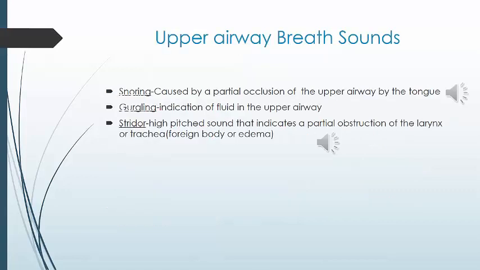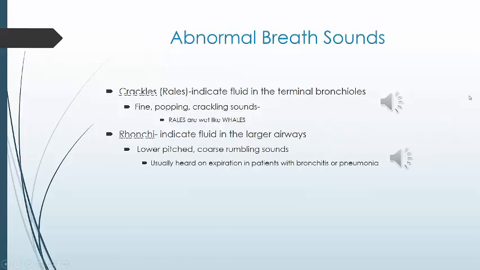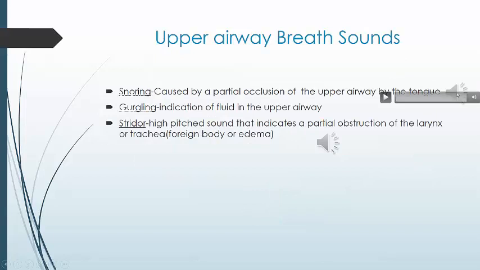So we're going to go through a couple of upper airway breath sounds. Snoring is partial occlusion of the upper airway by the tongue. Gurgling is an indication of fluid in the upper airway, and think like if you ever gargled with a saline rinse or something in your mouth, it sounds like that, a gurgly noise.